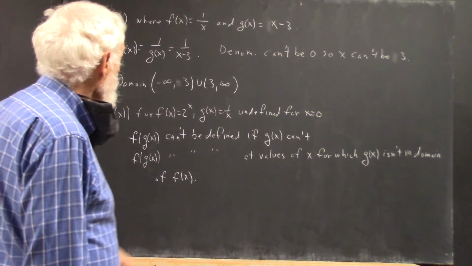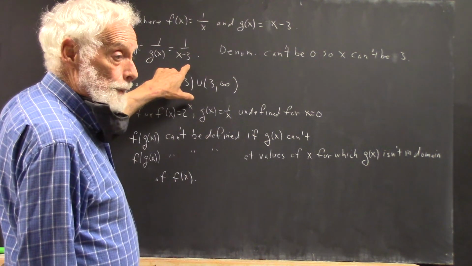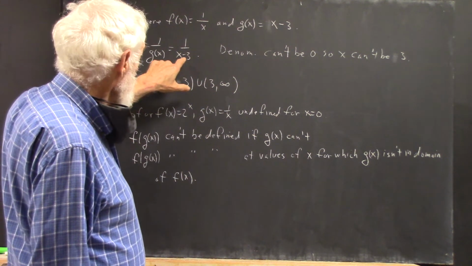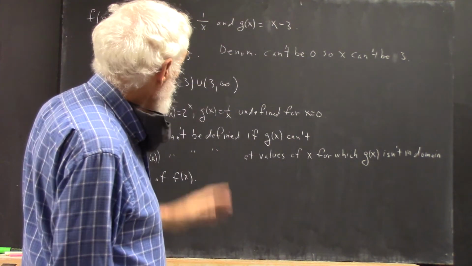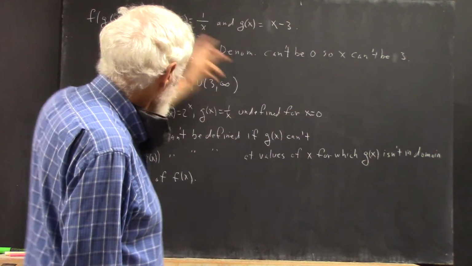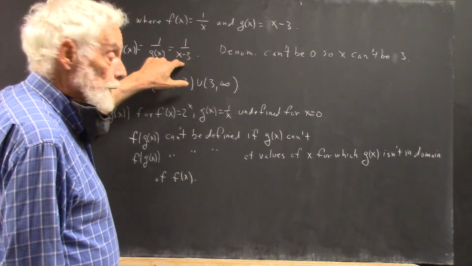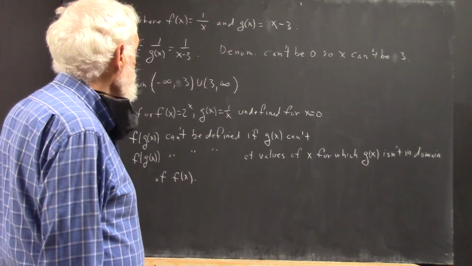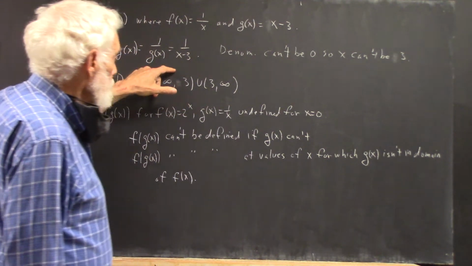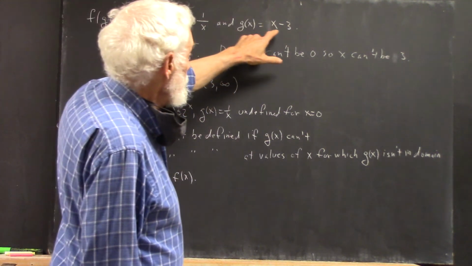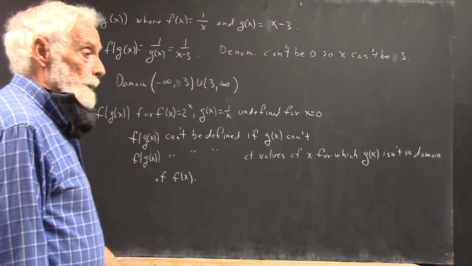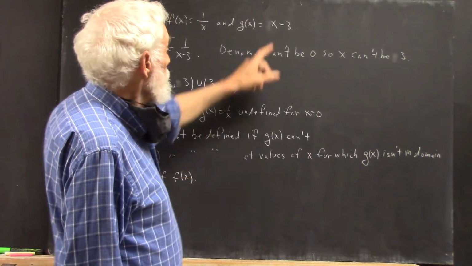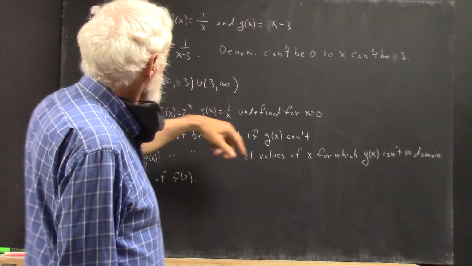Now you know that this denominator is not allowed to be 0, because then you're dividing by 0 again. The denominator can't be 0, so x can't be 3, because very obviously, if x is equal to 3, your denominator is 0. Here then, your domain is restricted not by g of x, you can plug any number at all into g of x, but by what you get when you plug 3 in for g of x.